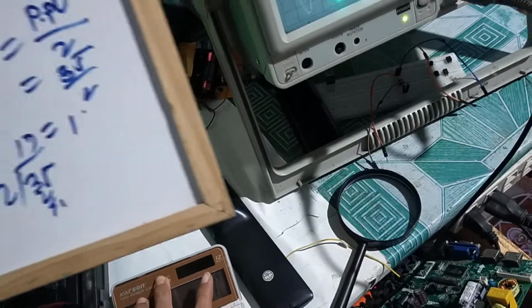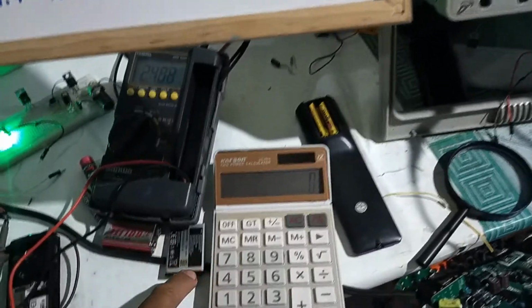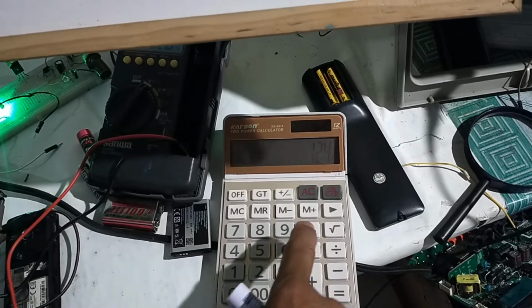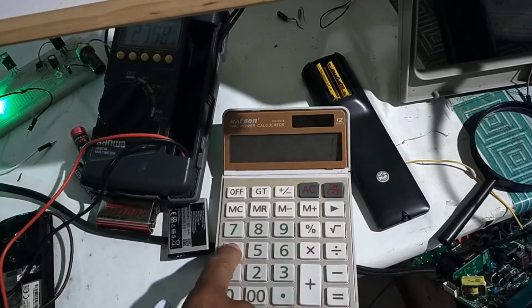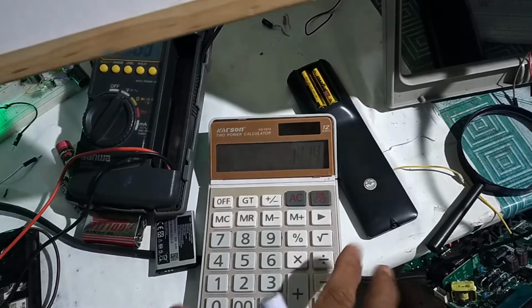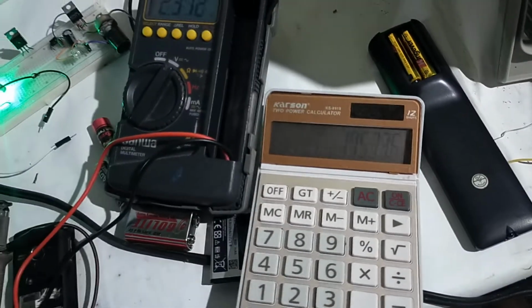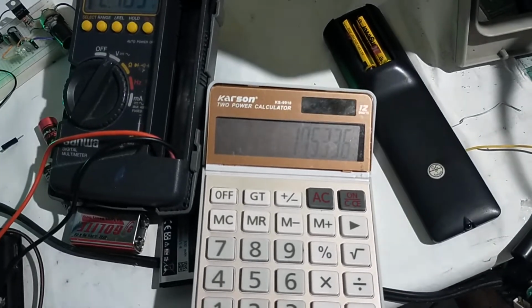You have here 12.4 volts times 1.414 is equal to 17.5 volts.